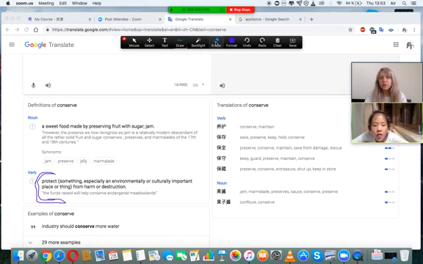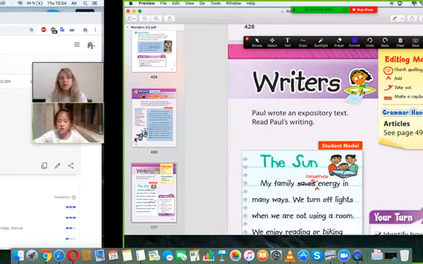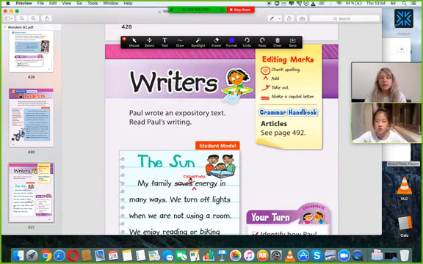So it means to protect something from harm or destruction. So conserving energy, we are protecting energy. So we are storing it.